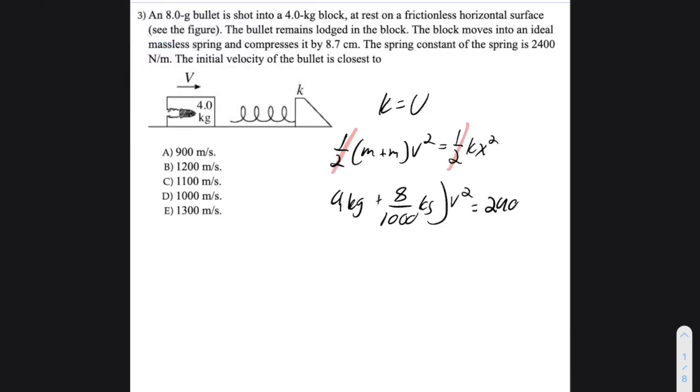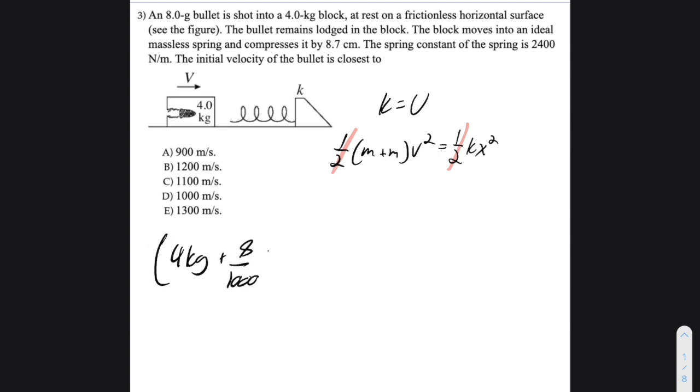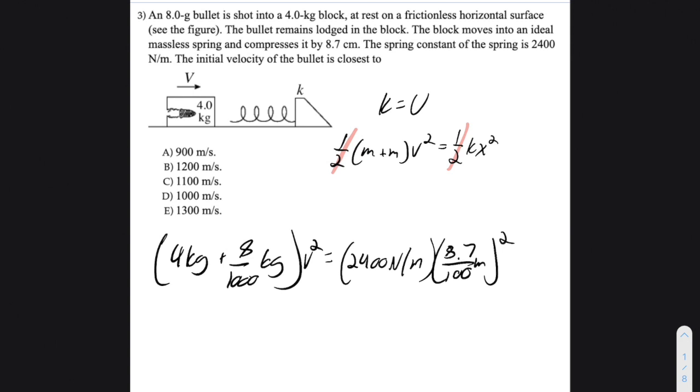Mass of the block is 4 kilograms, mass of the bullet is 8 grams, which is 8 over 1,000 kilograms. V is unknown, k is the spring constant, 2400 newtons per meter, and x is the compression, 8.7 centimeters, which is 8.7 times 10 to the minus 2 meters, squared. From this, we get V equal to 2.13 meters per second. This is the velocity just before striking the spring.